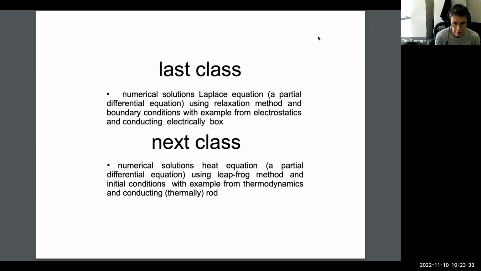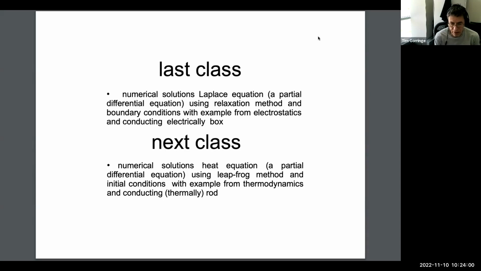In today's class, I wanted to continue our work on solving partial differential equations numerically. In the last class, we examined Laplace's equation from electrostatics, and we solved that numerically using a method that's called the relaxation method.